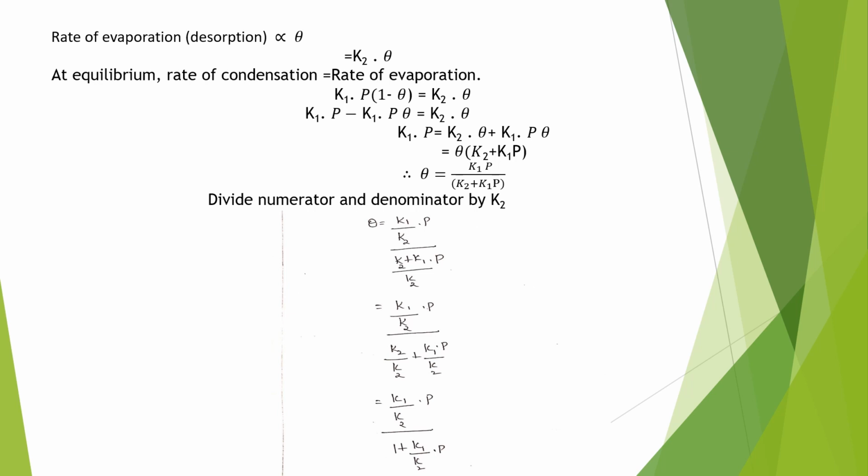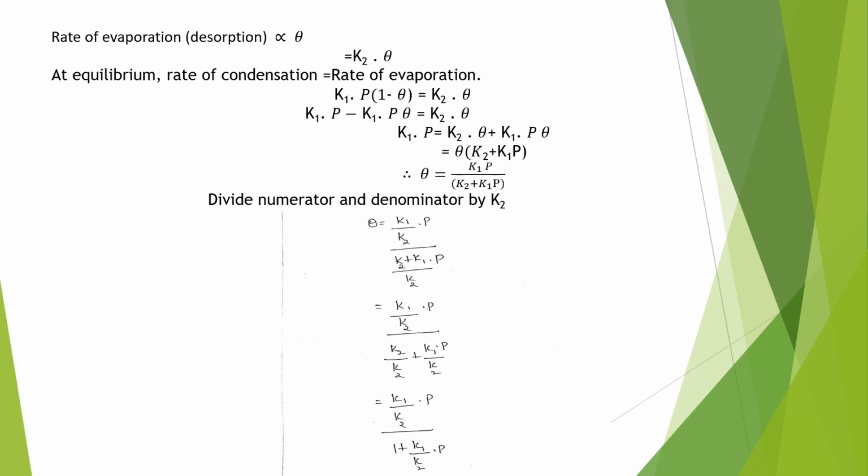Okay. So, next dividing numerator and denominator by K2, we get theta is equal to (K1 by K2 into P) divided by (K2 plus K1 by K2 into P). Look at the denominator, K2 plus K1 by K2.